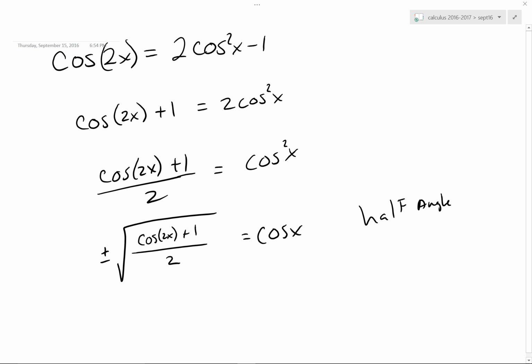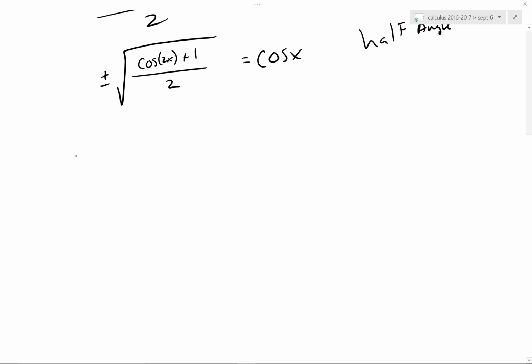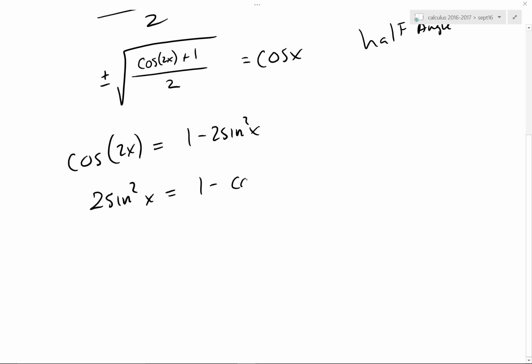And then, of course, isn't it true that the cosine of 2x is equal to 1 minus 2 sine squared? It is. So watch me play musical chairs. Divide by 2, and then square root both sides.